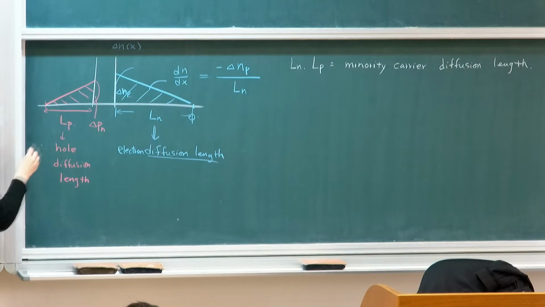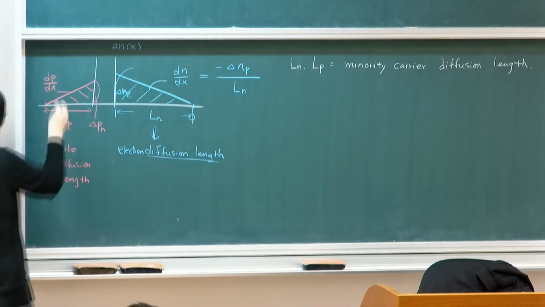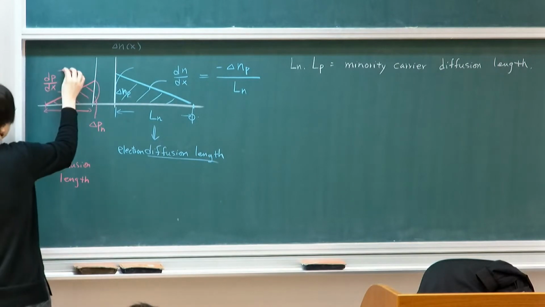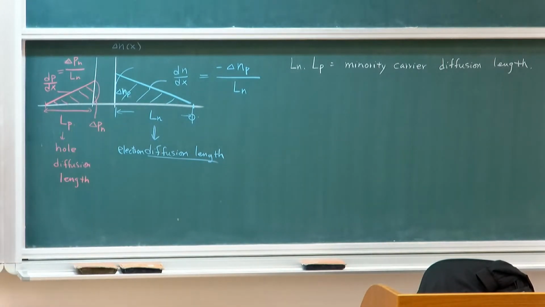So this will be dp/dx. Because it's increasing, it's delta p_n over L_p. So the slope, if you approximate this with a straight line, will be this. I'm just going to borrow 5 minutes to finish up.